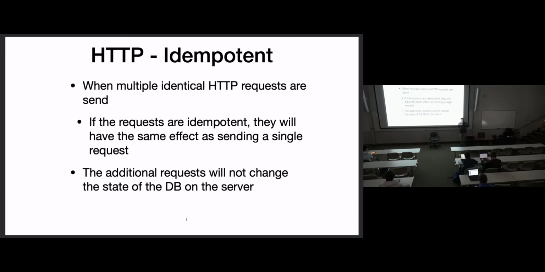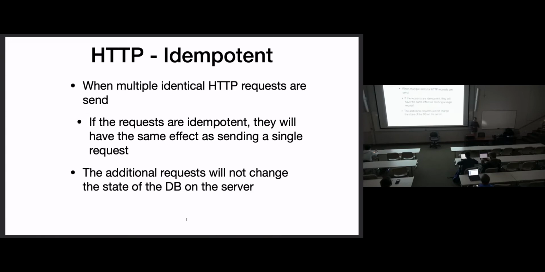If you send an update request, if you say update record 3 to have this email address and this username, the server is going to go to the database, find that record with that ID, and then update that email and username. If you send that exact request the second, third, fourth, fifth, 100th time, it's not going to have any additional effect.